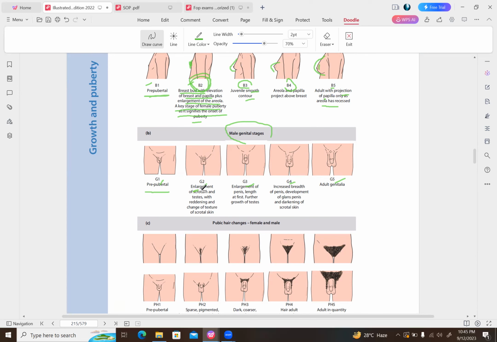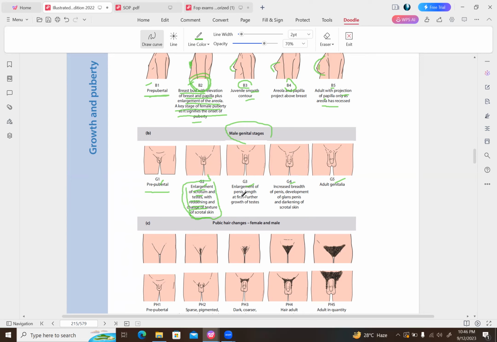G2 is the enlargement of the scrotum and testes with reddening and change of the texture of the scrotal skin. All right. Enlargement of the scrotum and testes. Okay, the testicular volume is the first sign of puberty.